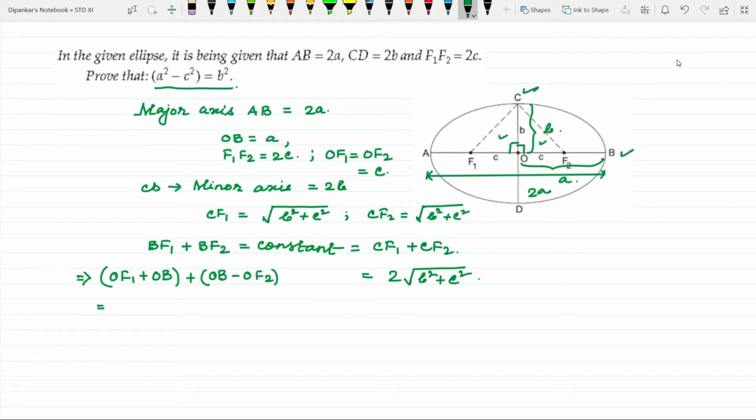So that implies, what is the measurement of OF1? That is c. And OB is obviously half of the major axis, a unit. OB is a, and OF2 is also c, which equals 2 root over b square plus c square.